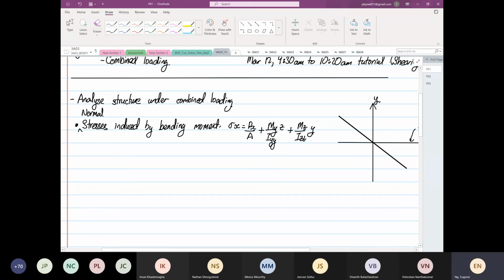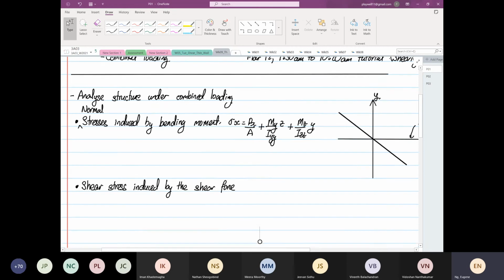Then the next one is the shear stress induced by the shearing force, right?